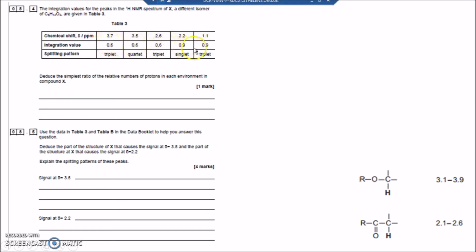So the integration value is the heights of the peaks, and that will tell you the number of hydrogens in each of these 5 different groups. So I've got 5 different jigsaw pieces that I've got to determine what they are in this compound, and each jigsaw piece has a different set of hydrogen environments.